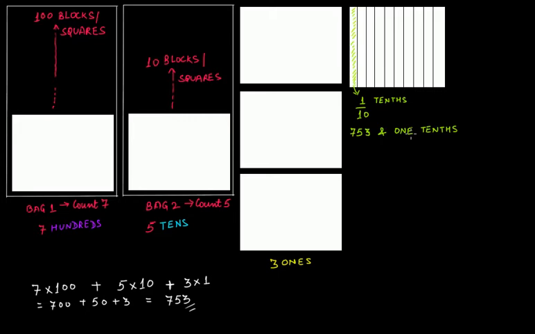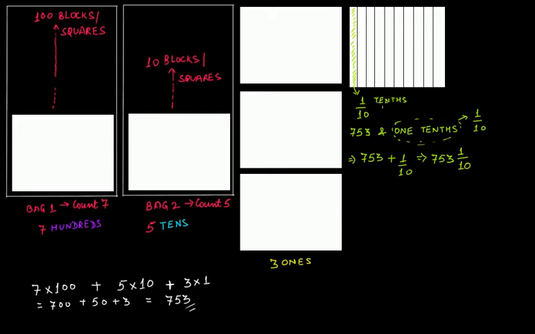Therefore, the total count this time will be 753 plus 1 over 10. This can be written in the form of a mixed fraction. If you remember, we have learned this thing about mixed fractions. This will be 753, a whole number, and 1 over 10, right?